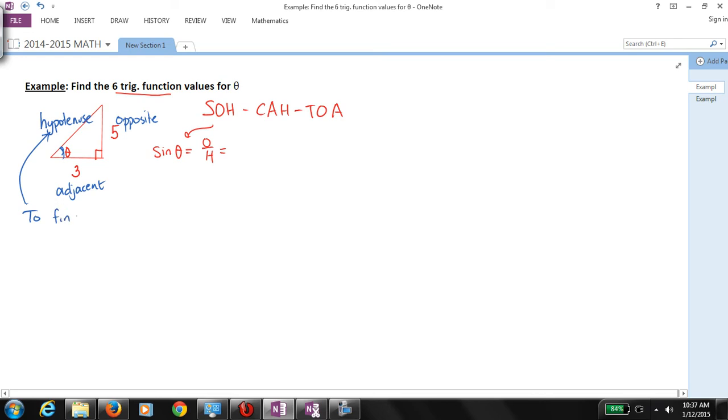Yeah, it's O over H. To find the H, Pythagorean theorem. Careful, try it. Because it's A squared plus B squared is equal to C squared. It's 3 squared plus 5 squared is equal to C squared.